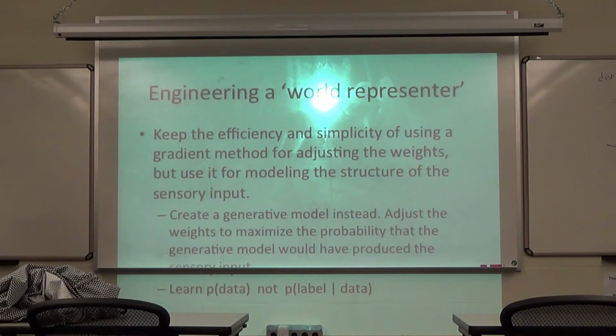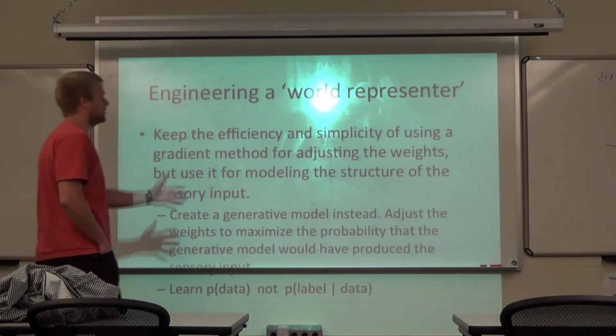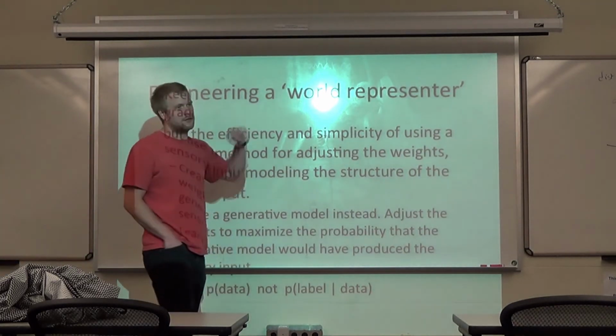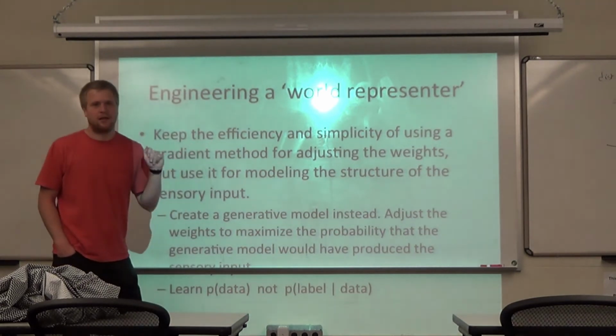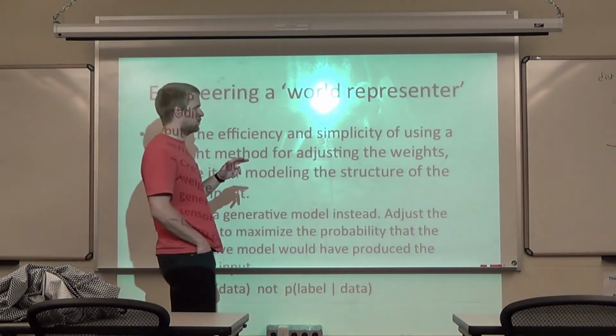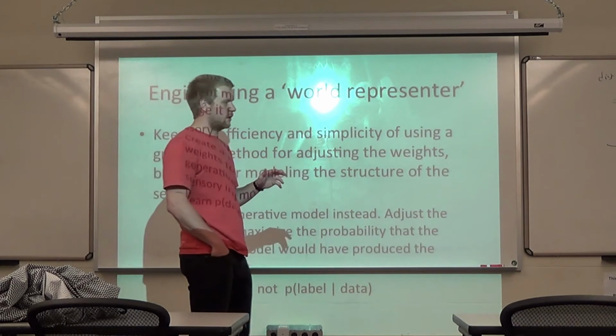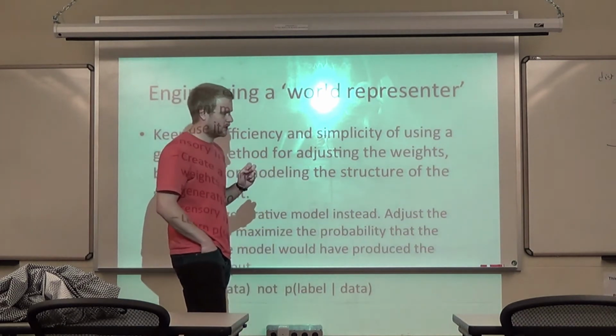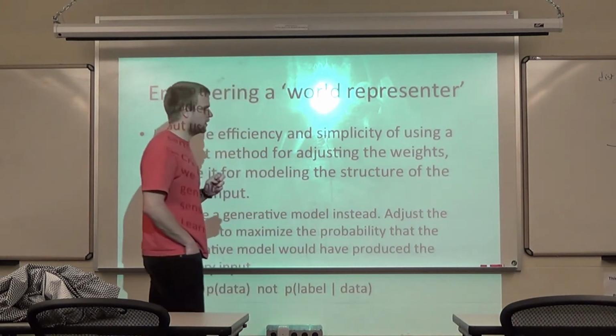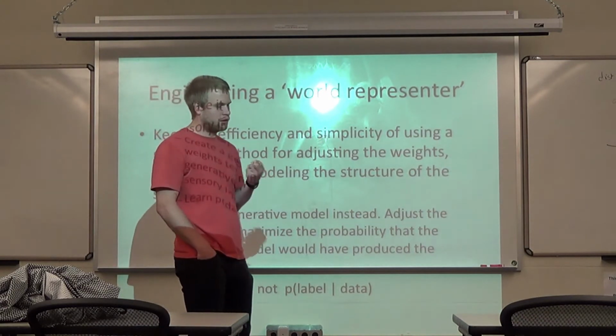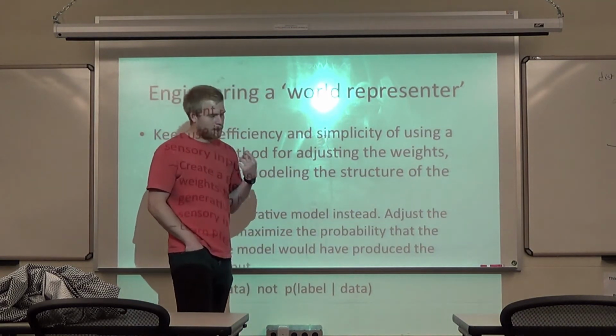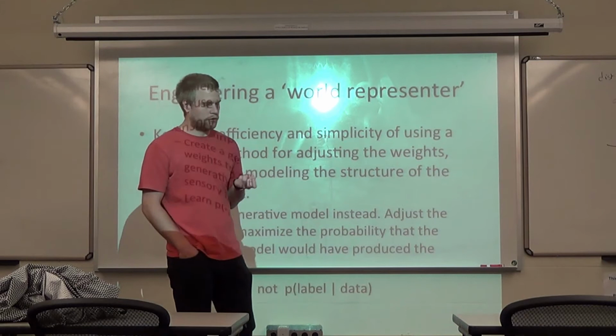Okay. So now we want to engineer this world representation. We want to keep the same idea of a neural network, because that's our mathematical representation of neurons. But we want the hidden nodes to be able to represent the world.